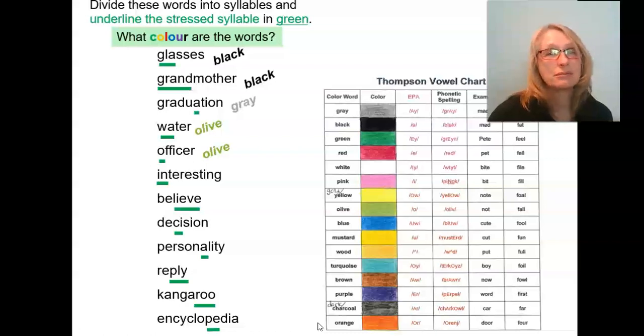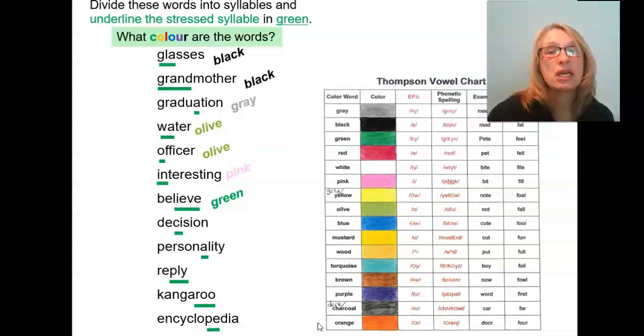Interesting. Pink, yeah, interesting. Believe. What color is believe? Green, yes. Decision.